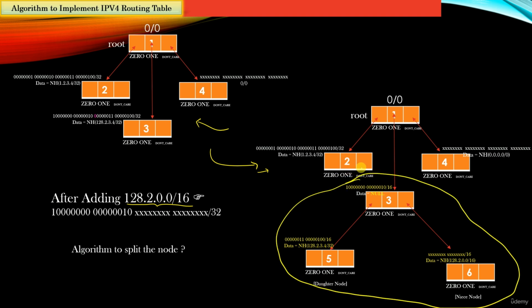Nodes 2 and 4 of this M-trie are untouched. The data part of node 3 is null. The prefix length of node 3 has been reduced from 32 to 16. The bits from the effective prefix of node 3 have been transferred to its daughter node. And the niece node borrows its effective prefix bits from the bits of the route which has just been inserted.